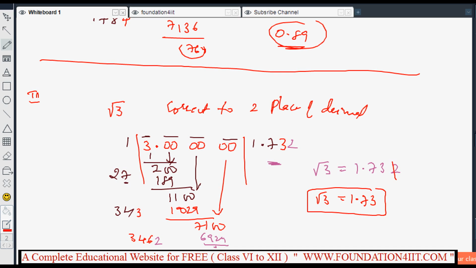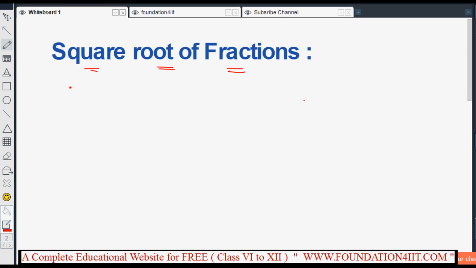Now we'll see how to find the square roots of fractions. For any positive real numbers a and b, the square root of a into b is nothing but the square root of a into the square root of b.